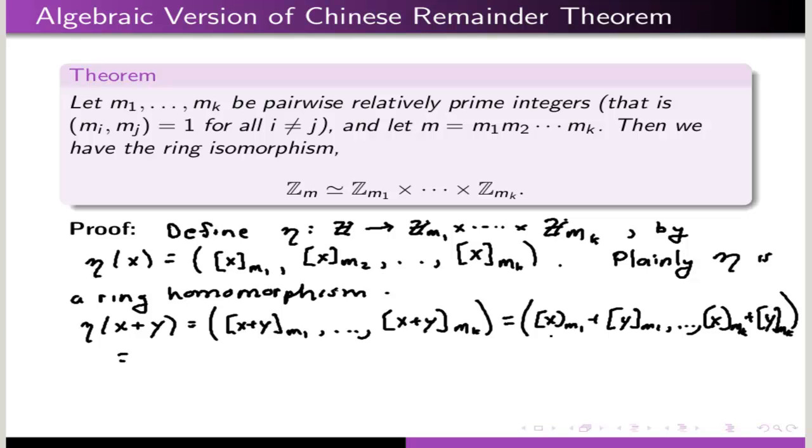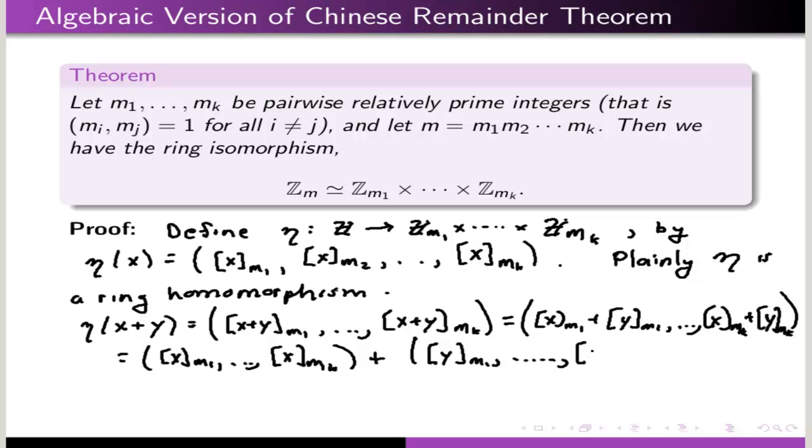But this just means take the tuple of x values and add it to the tuple of y values. That's the definition of addition in a Cartesian product, just coordinate-wise addition.